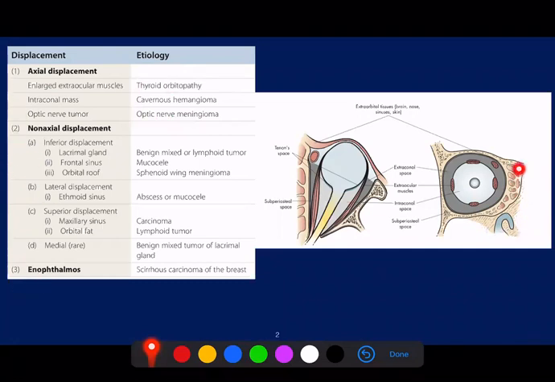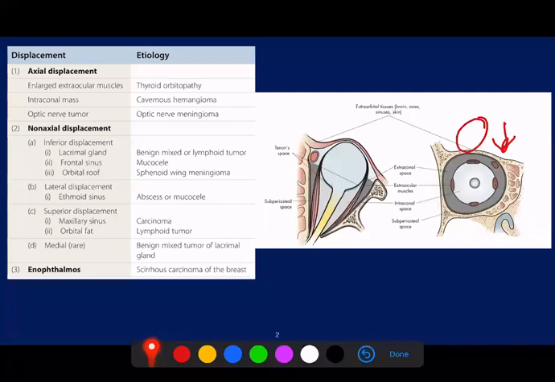So this is the medial side, and this is the lateral side. This is the medial wall of the orbit. If we have an inferior displacement, that means something is coming from above, either from the lacrimal gland, the frontal sinus, or something displacing from the orbital roof.